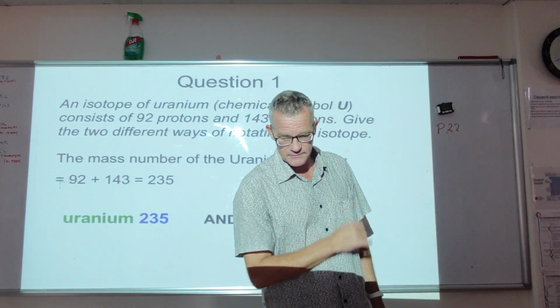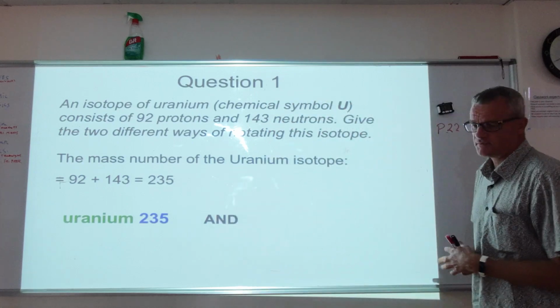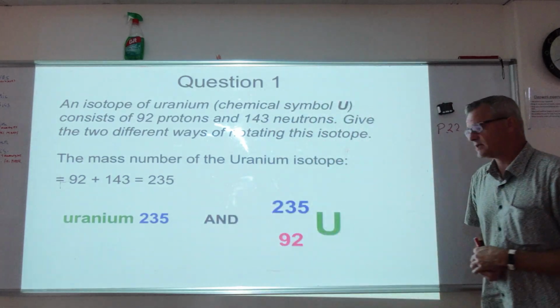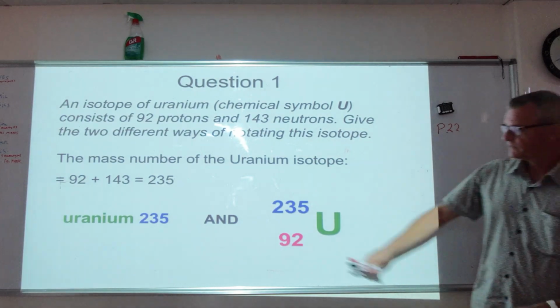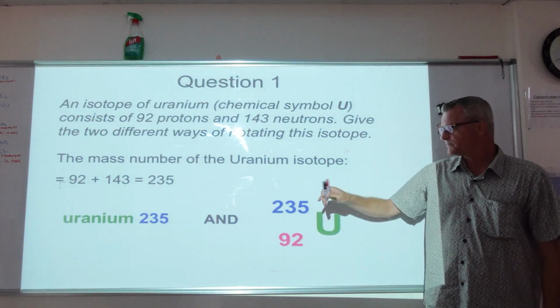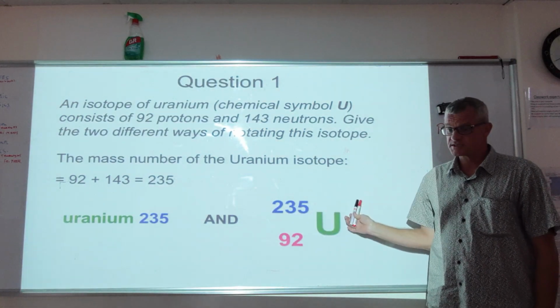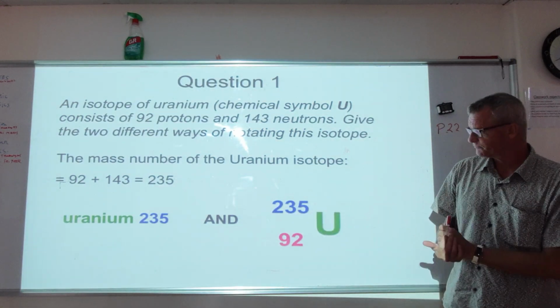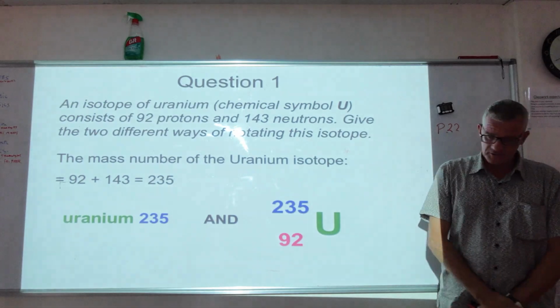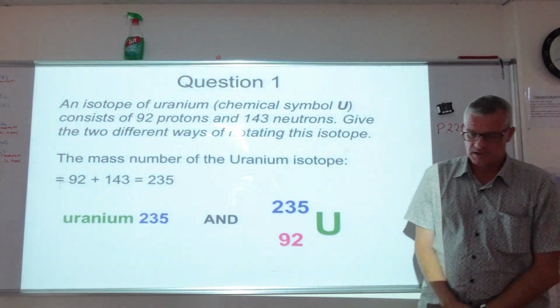Okay? Then the other way of notation, and we said that before, we can do it like this. Yeah? 92 protons, atomic mass 235, the amount of neutrons plus protons. Okay? Again, pause the video, make a note, and then we move on.